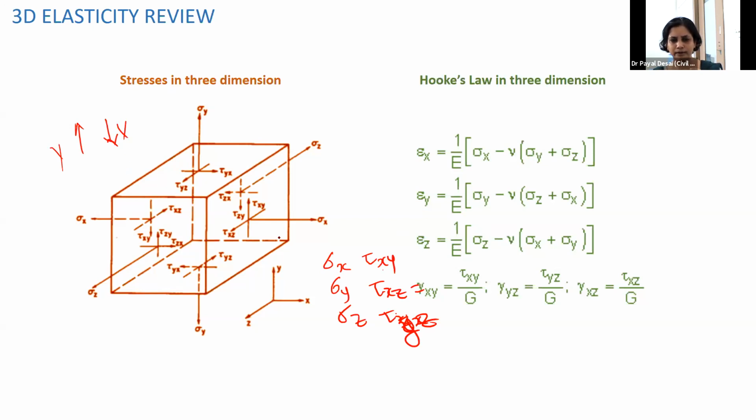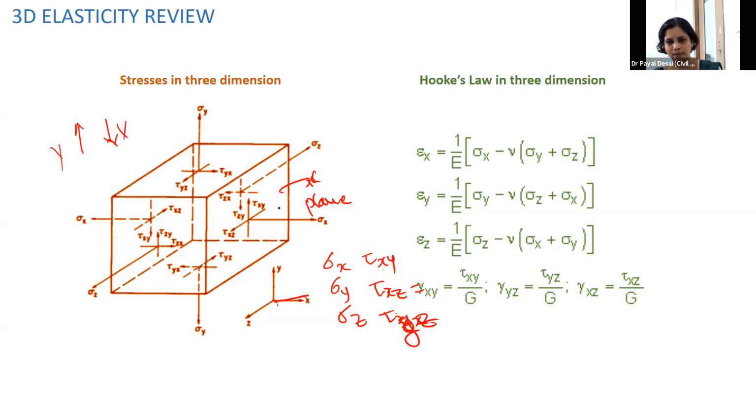But I want to define the positive and negative sign convention in a different way: any positive plane, that is a plane perpendicular to the x-axis, and the stress which is acting in positive plane and positive direction. So suppose this is the x plane defined by normal to the x-axis. Normal means 90 degrees perpendicular to the x-axis.